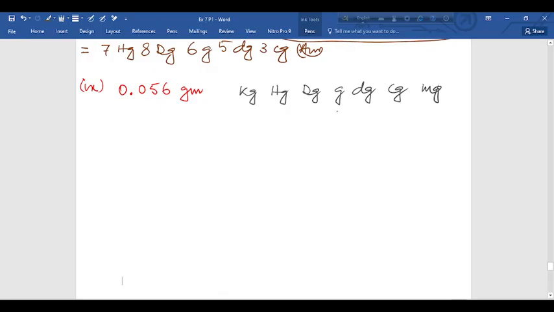See? Now 0, 5, 6. That means here it is 5 centigram and 6 milligram. That is 5 centigram and 6 milligram. This is the answer.